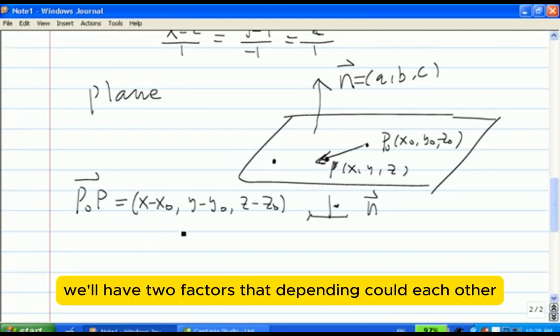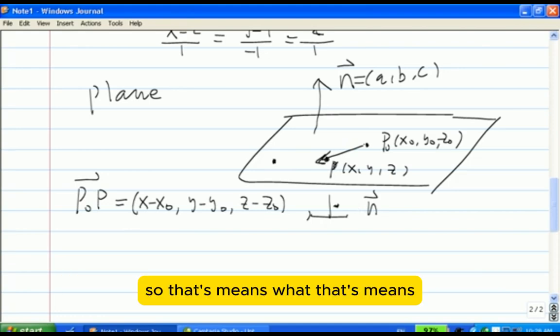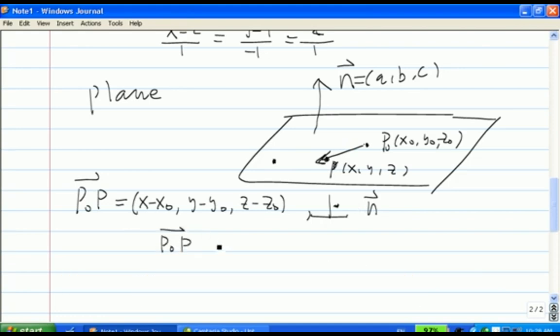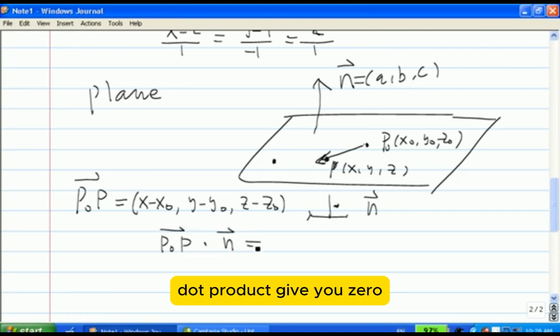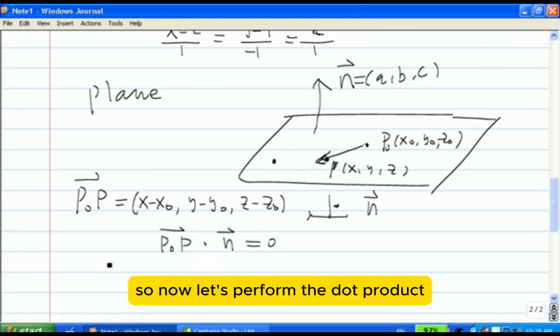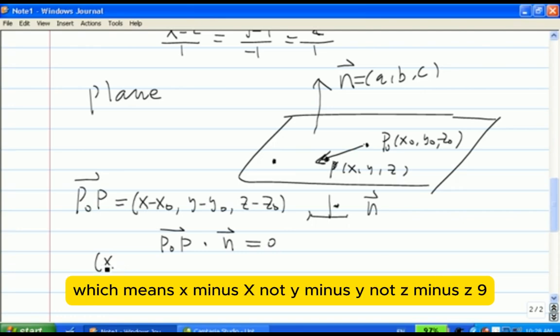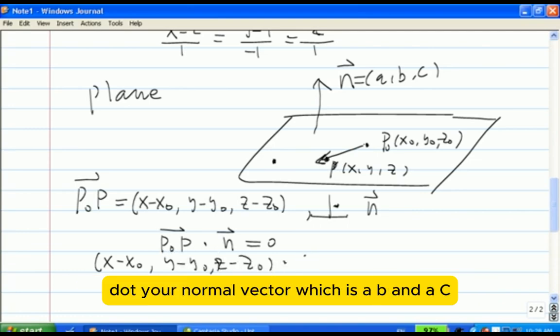Okay, now we have two vectors that are perpendicular to each other. So that means the dot product gives you 0. Let's perform the dot product: x minus x naught, y minus y naught, z minus z naught, that's the first vector, dotted with your normal vector, which is a, b, and c.